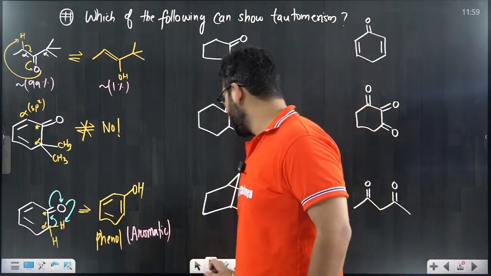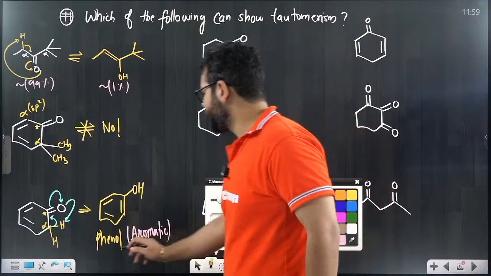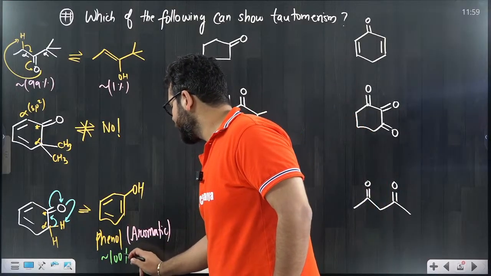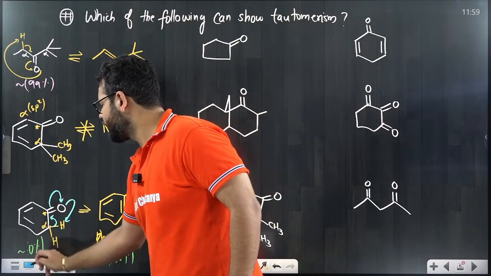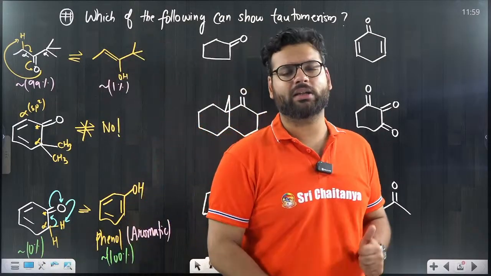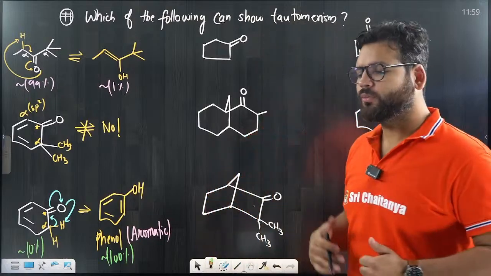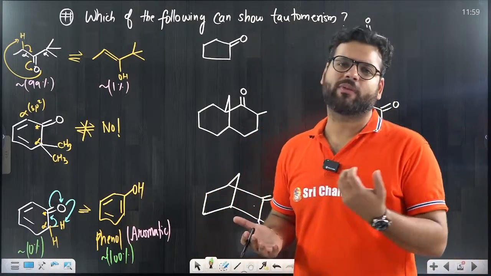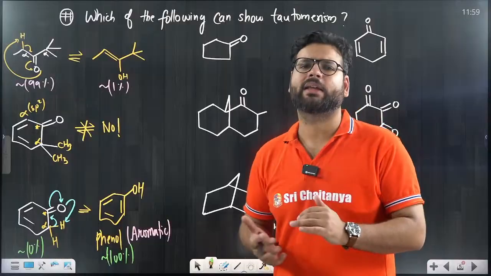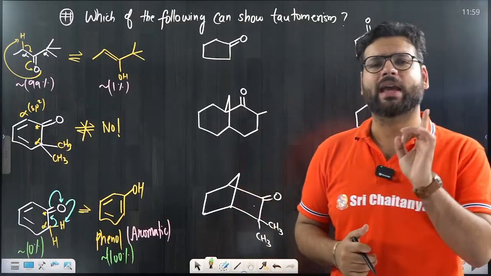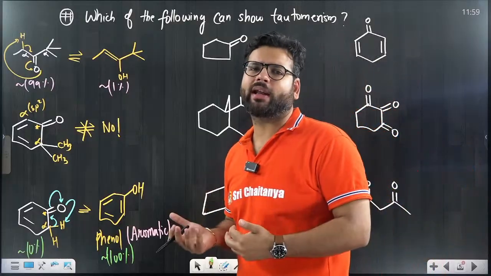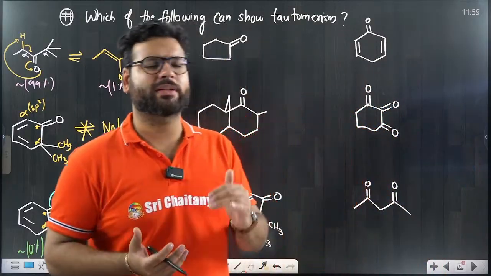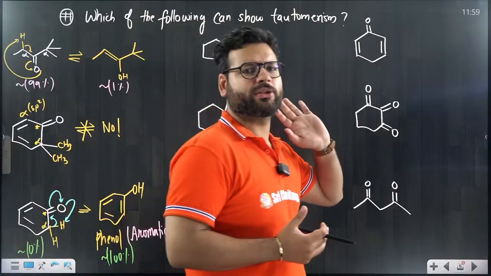So 99.9% will be the aromatic enol, almost 0% will be keto. So there are conditions which can make enol very stable and keto very unstable compared to enol. One of them is aromaticity. Whenever enol gets aromatic character, its percentage increases to almost 100%.